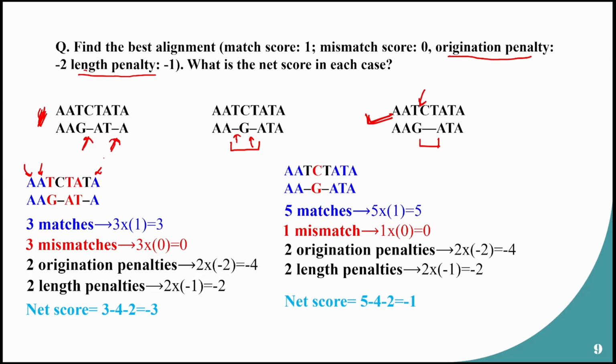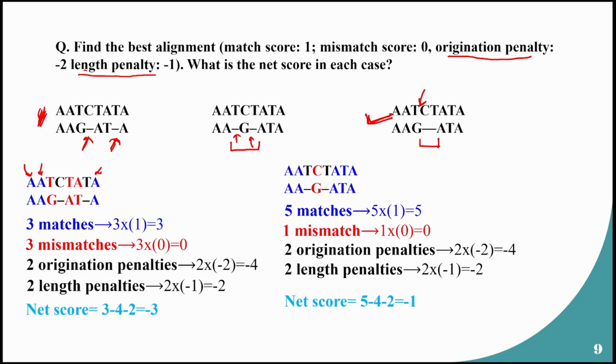So gaps represent insertions or deletions, or indels for short. And since introduction of any gap is highly unfavorable by nature, when you try to compute the score for the alignment, you give it a negative value. So for any case where there is an indel, you give it a negative value.